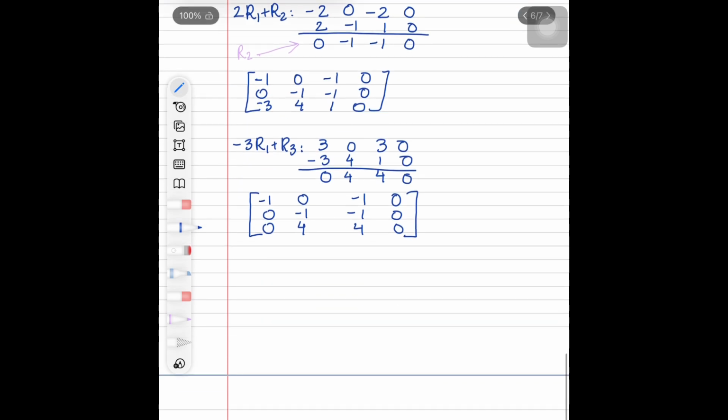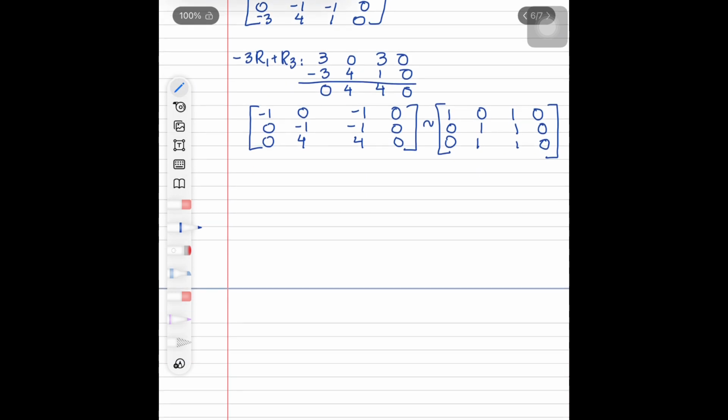We can reduce this matrix to 1, 0, 1, 0. Divide row 1 by negative 1, divide row 2 by negative 1 would be 0, 1, 1, 0, divide row 3 by 4 would just give me 0, 1, 1, 0. So we can actually do that.